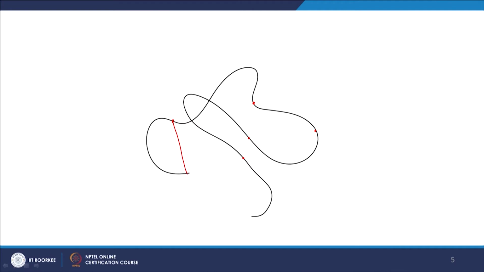So, we can start thinking of not really a single spring, but many of these springs that my polymer chain is composed of. Okay.